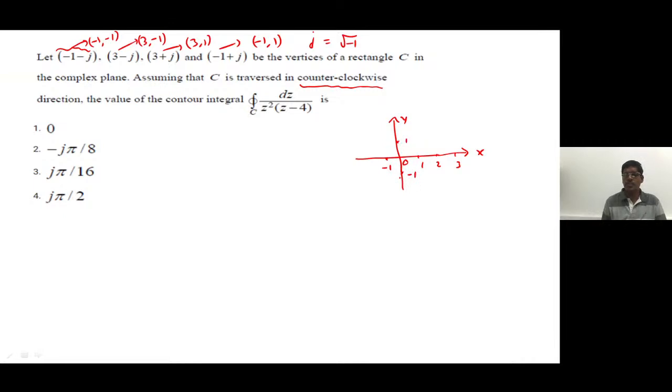So joining all these points, the first point minus 1 comma minus 1, this is third quadrant. 3 comma minus 1, that is fourth quadrant, x positive, y negative. And 3 comma 1, first quadrant, both x value and y value positive. Minus 1 comma 1, second quadrant, x negative, y positive.